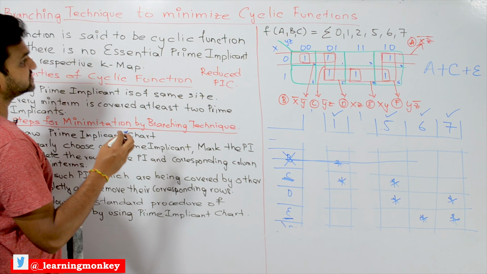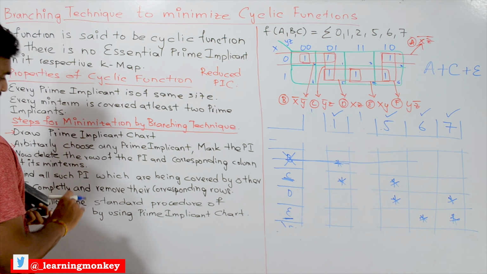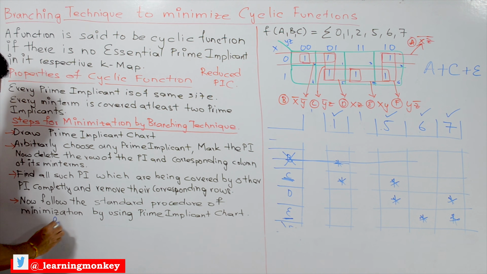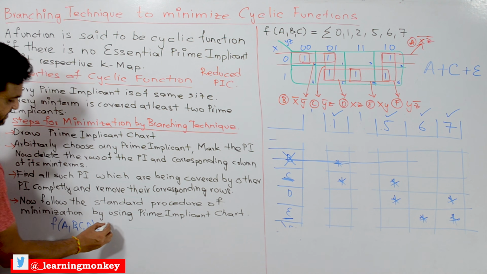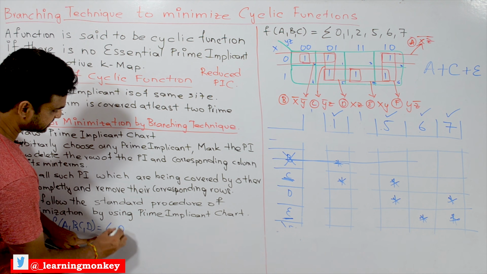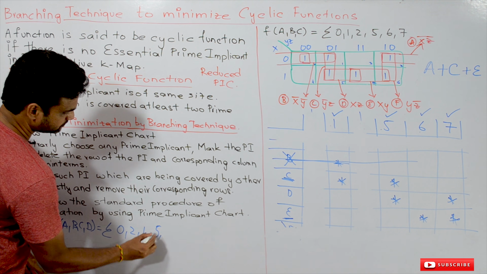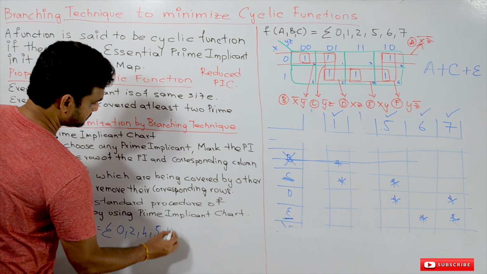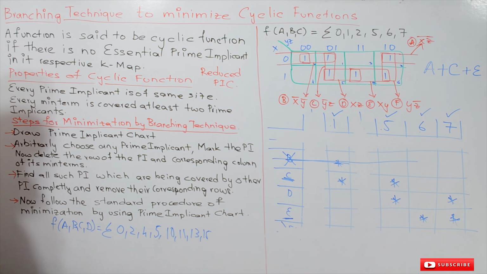So the question is: given f(a, b, c, d) is a 4 variable function, and this function is a sum of products: 0, 2, 4, 5, 10, 11, 13, 15. So this is the question.